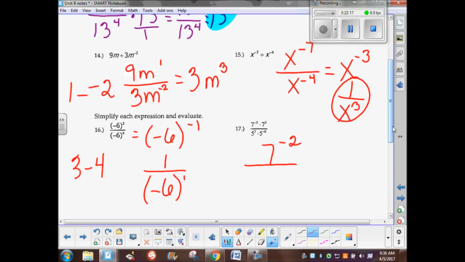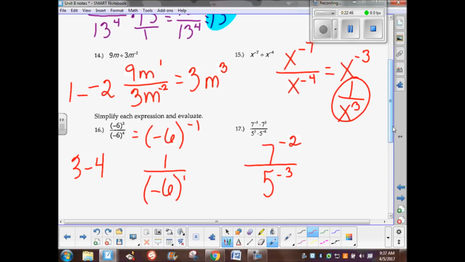Denominator. Jacob. 5 to the negative 3.